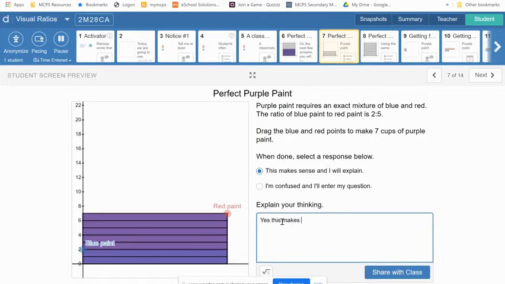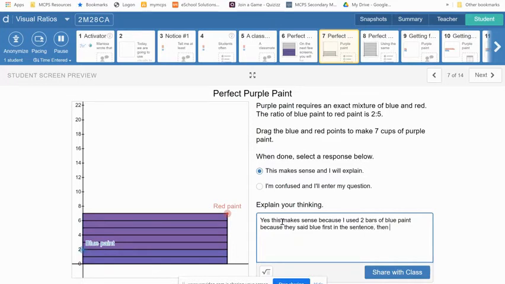Yes, this makes sense because I used 2 bars of blue paint because they said blue first in the sentence.